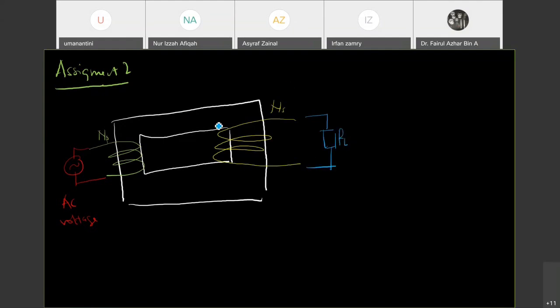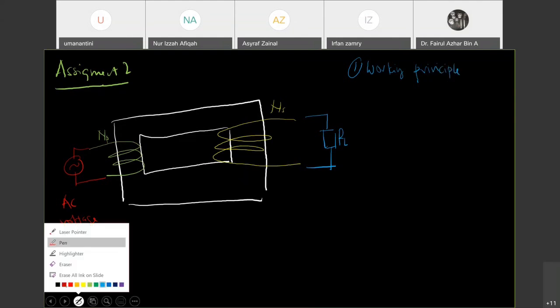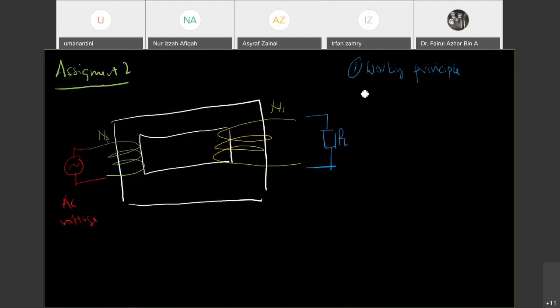So first we need to explain the working principle. Inside this working principle, from the transformer point of view, we are concerned with how to change, how to vary the voltage at the secondary side.